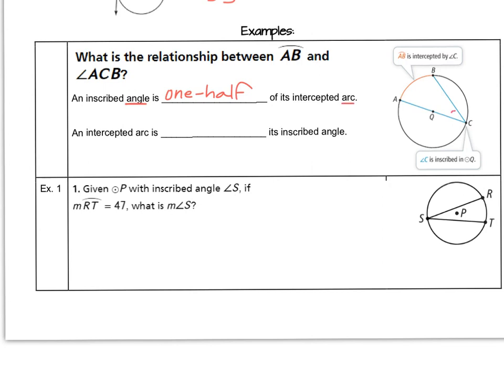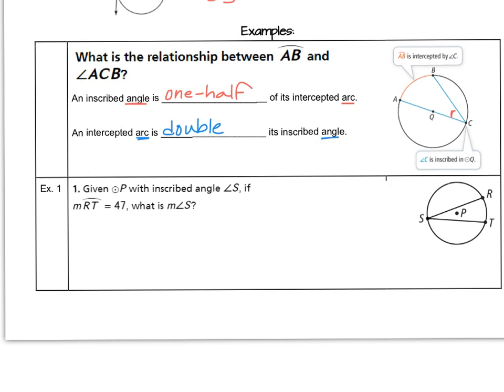So this angle over here on the bottom right is half of that intercepted arc. But when we flip it, if I want to know the arc measure, that's always going to be double whatever the inscribed angle is. So really today, your game plan is going to be to multiply something by 1/2 or to multiply something by 2. We just have to decide which is which.